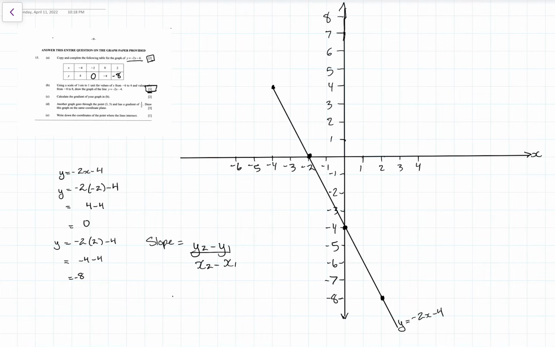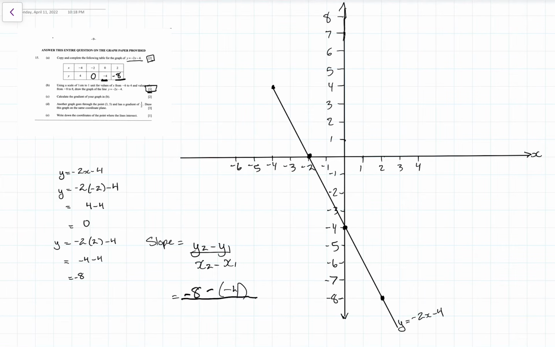We could use any y value to make it y2, and I'm going to use negative 8. And because I use negative 8 as my y2 value, that means negative 4 is going to be my y1, which we can't forget our negative sign.